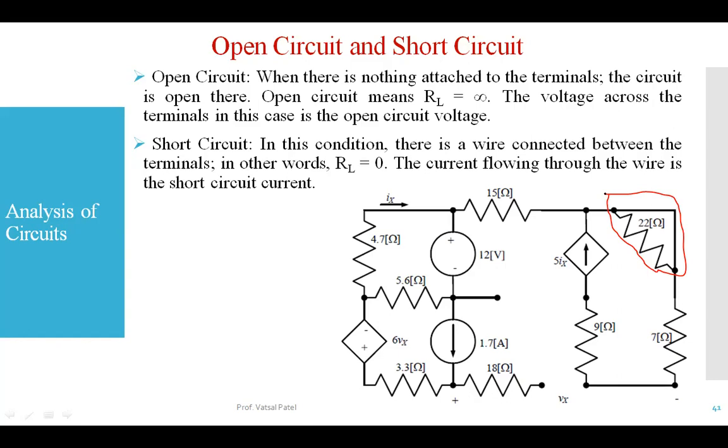Quickly tell me. Yes, it is from the short circuit. Why? Because it is the tendency of the current that if you have a low resistance in the circuit, then the current will pass through that only.